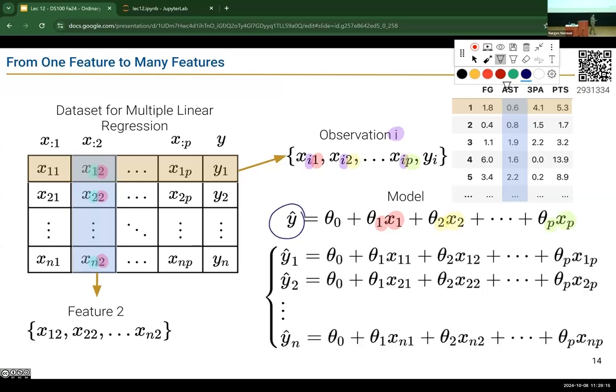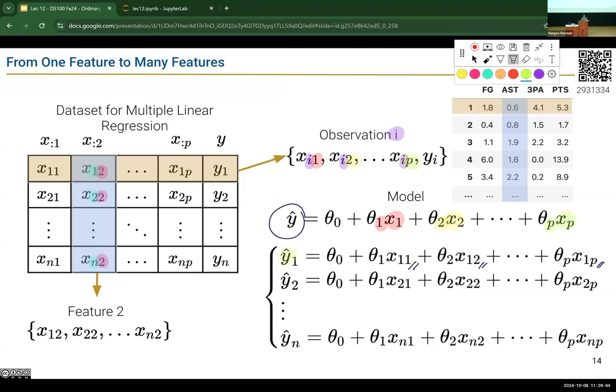So if I do exactly that, in order to get the prediction for data point 1, or observation 1, I'll get feature 1 of data point 1, feature 2 of data point 1, all the way to feature P of data point 1, weight them with those parameters that we have, and calculate the summation of all of those weights multiplied by the features, and that will give me y1 hat.